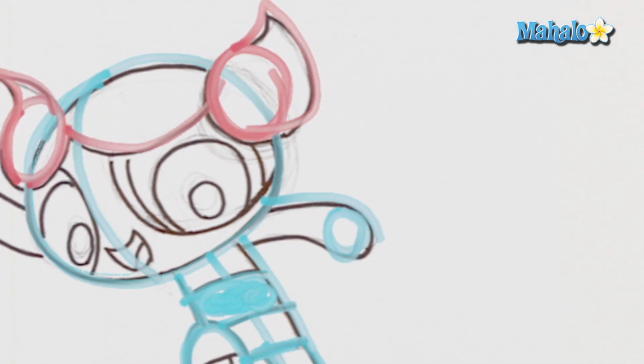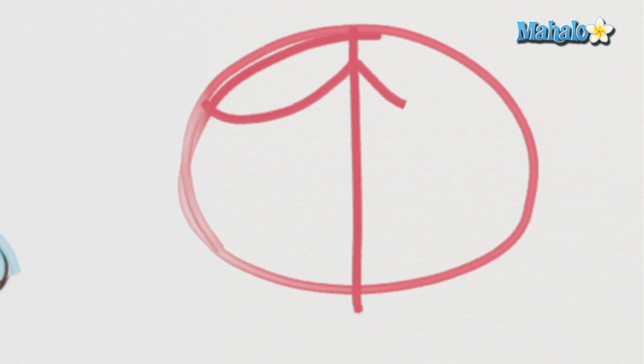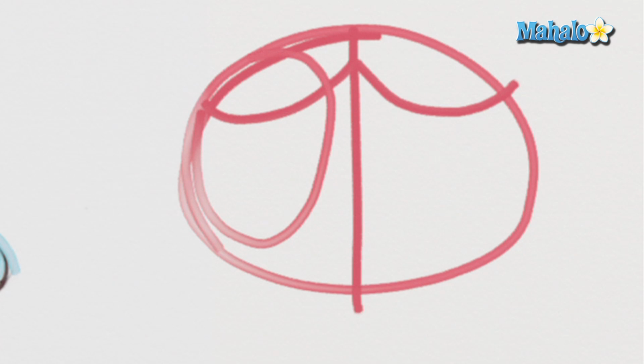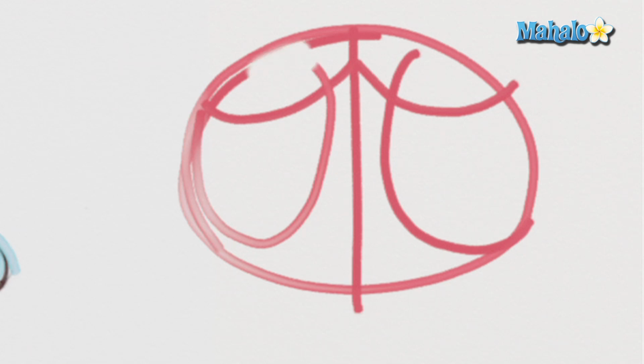So just remember those shapes when we're drawing the Powerpuff Girls. See, their head's right there, and if it's down the middle, that's the line of action. Then look at that, we find their hair, we draw those big old eyes, and with a few simple erasures, we almost basically got it.